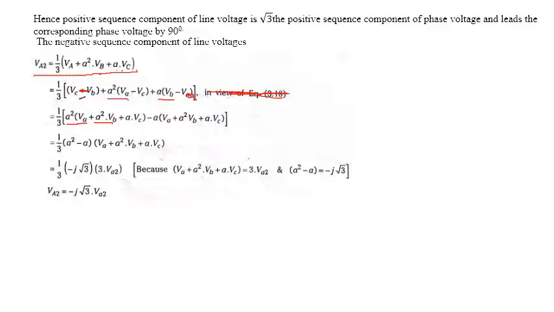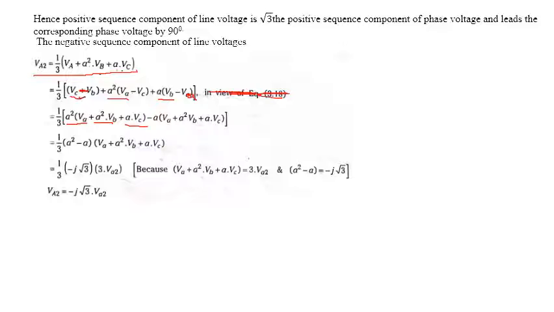This can be written as a cubed into a, and a cubed is nothing but 1, so this is nothing but a. Then for VC, it is just 1 into VC. Since there is already a square, multiplying by a gives a into VC.